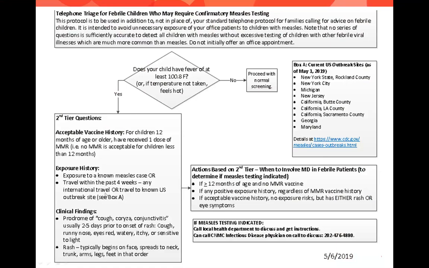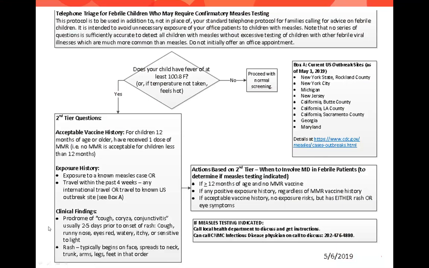And that would be any international travel or travel to an area where we're having a U.S. outbreak. And those are listed over to the side in box A with a link to the map so that we can update those if there are new outbreaks across the United States, which unfortunately there will likely be.